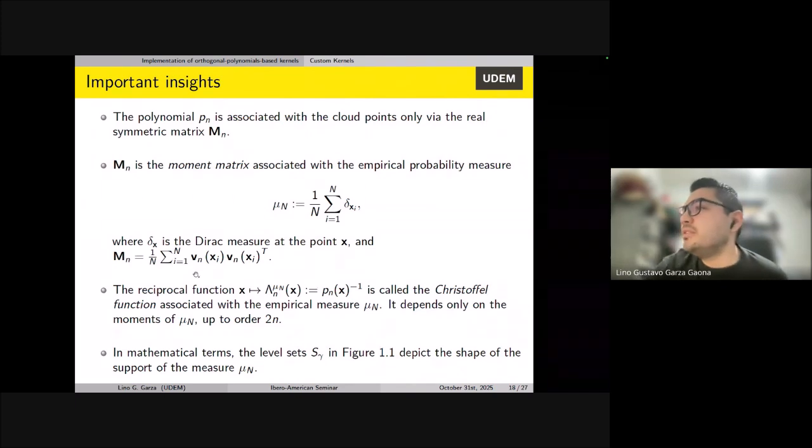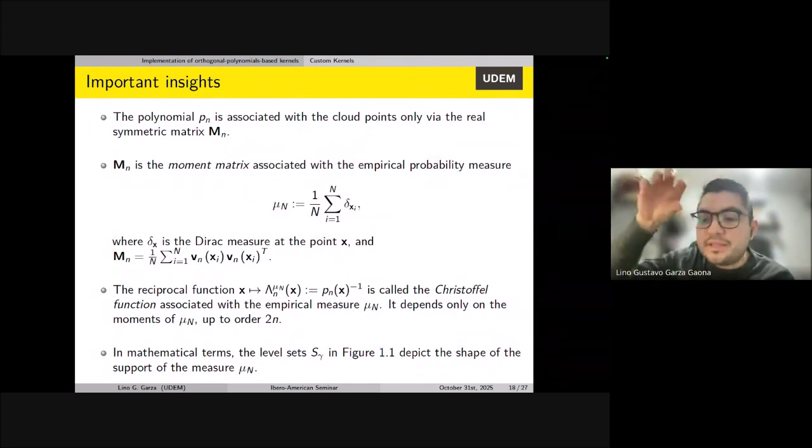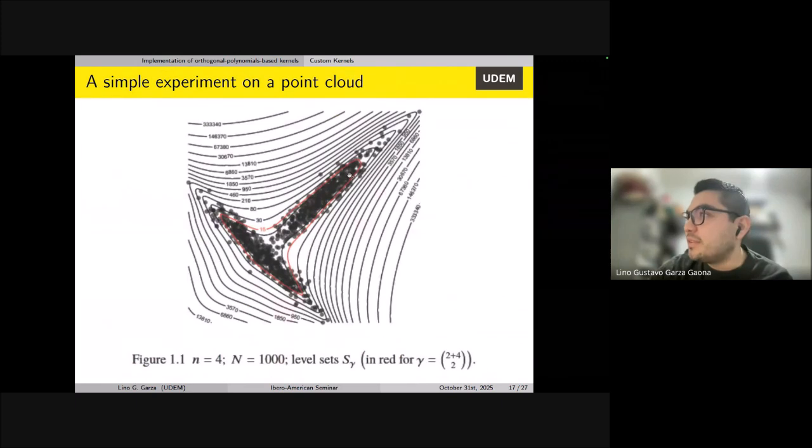The matrix is given explicitly, and they say that this idea may have some applications in data analysis. Particularly, they say it can be used to detect outliers, because if you can see where most of the points are, all the points that stay outside of this red line can be treated as outliers.